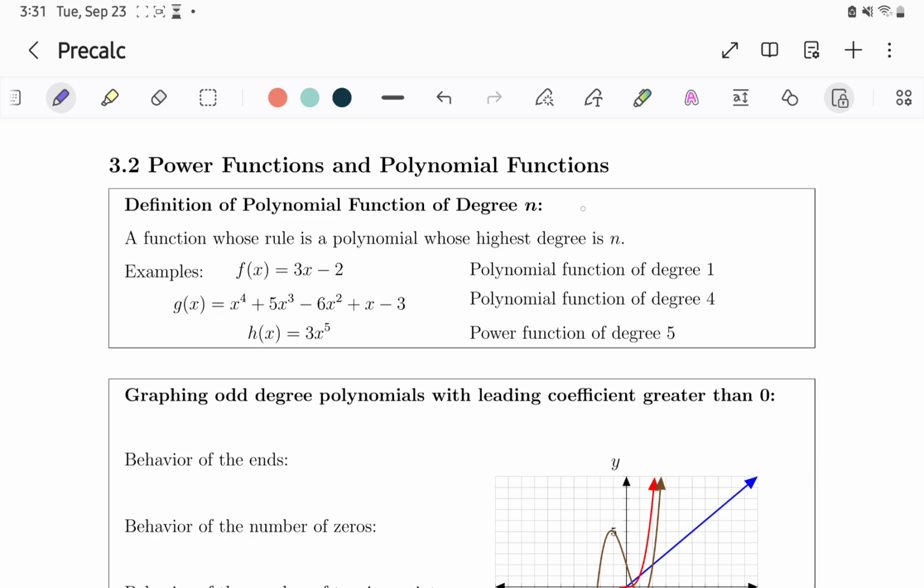So a better way to express this definition would be to write the formula for a general polynomial function of degree n.